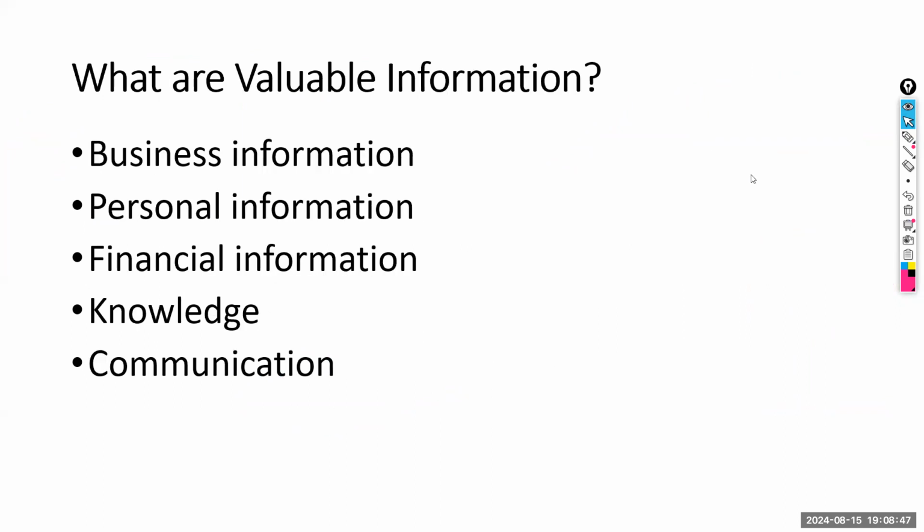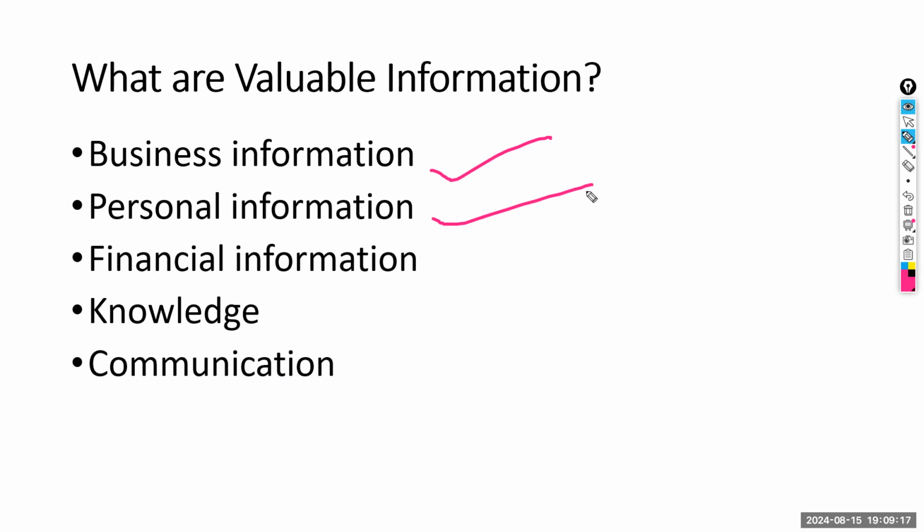Right, what is valuable information? Because not every piece of information you need to secure. If it has a value, you need to secure it. Of course, if it is not of value, no one will care. So what is valuable information? Of course, the business information. Its client details, transactions, product related, some trade secrets, personal information. You don't want to share your Gmail password with others, right?